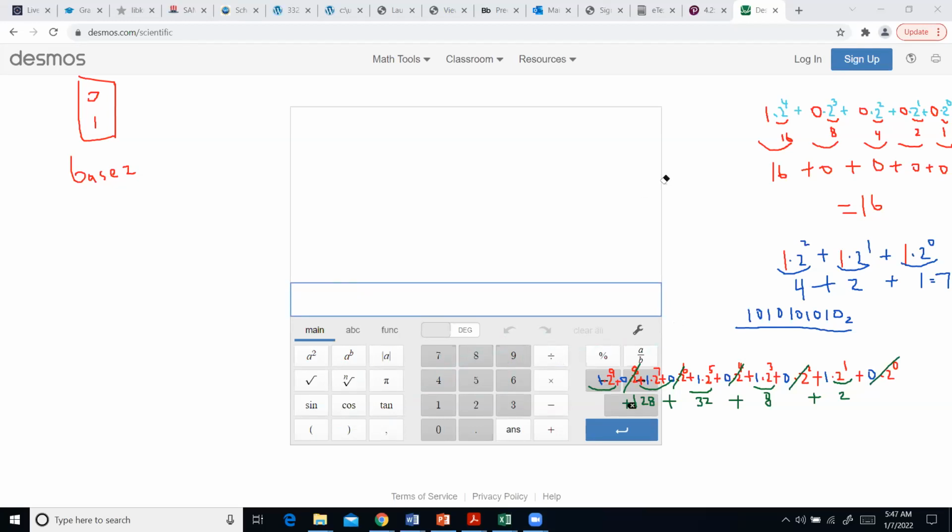So what I was going to do is multiply 2 with itself 9 times, or just deal with 2 raised to the power of 9, right? And that's 512. So it looks like the number we had here was 512. Now I need to add 512 with 128, with 32, with 8, and with 2. And of course, I'd rather use a calculator to do this correctly. It's so easy to get mixed up.